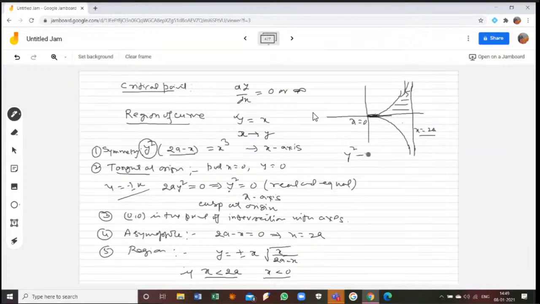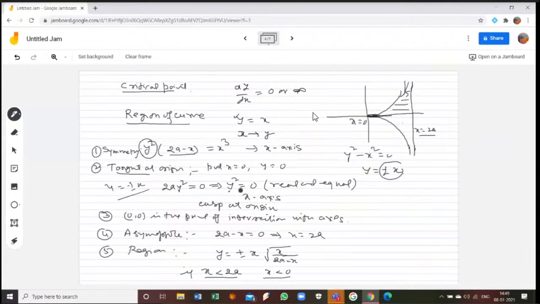Suppose y square minus x square equal to 0, both the power of x and y are the lowest degree, then it means that tangent will be plus minus x. Now this will be the real and distinct, but in this case here it is real and equal. So it means that there is a branch. If such type of tangent is coming, then there will be a branch at the origin.